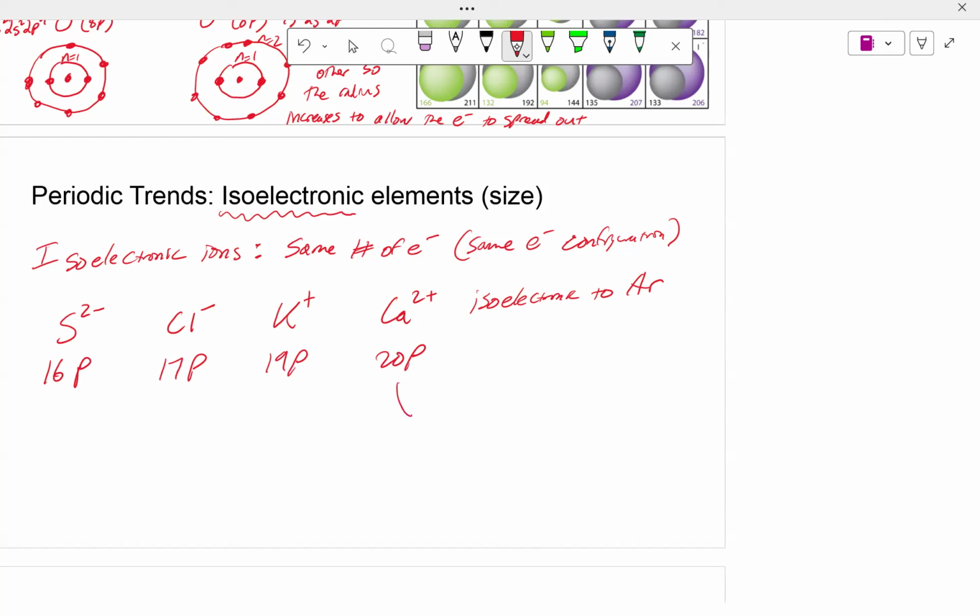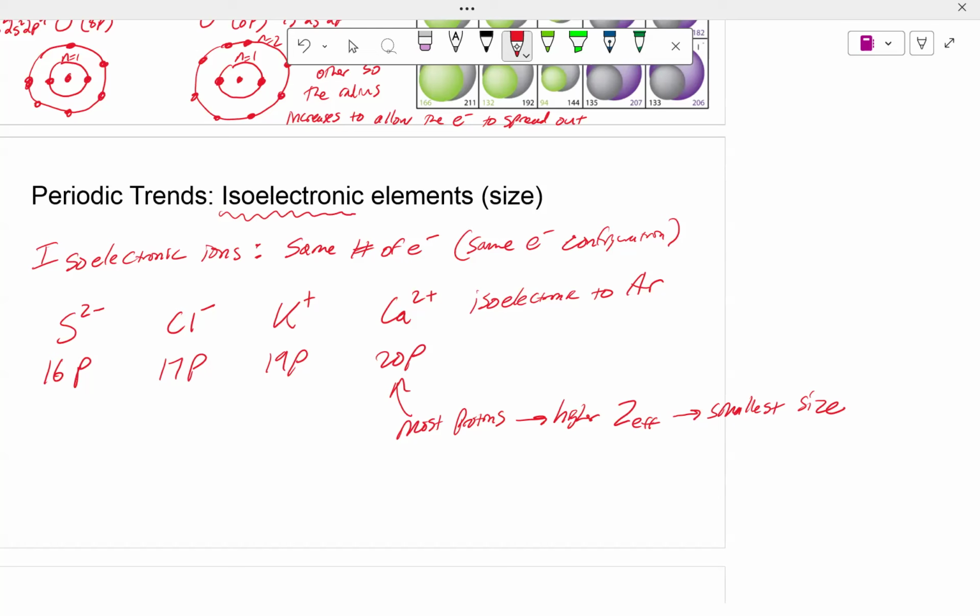Since calcium has the most protons, it will have the higher effective nuclear charge because all the numbers of electrons are the same. There will be more of a pull from the nucleus of calcium +2 on those outer electrons, so it will shrink the radius. So of all four of those ions, calcium will be the smallest.